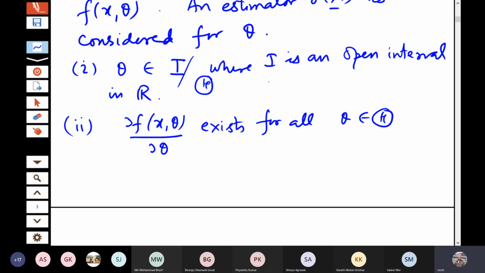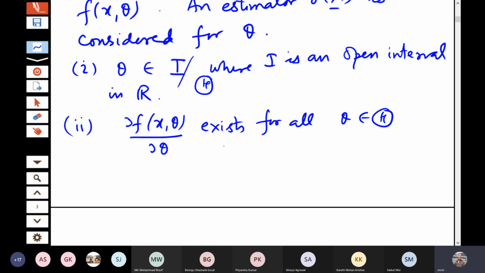Similarly, for the geometric distribution, the parameter p lies in the interval 0 to 1. For the normal distribution, mu lies between minus infinity and infinity, and sigma is positive. So they are all on intervals. So this result is valid where the parameter space consists of intervals.